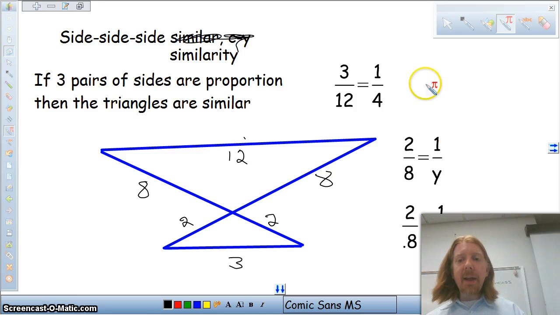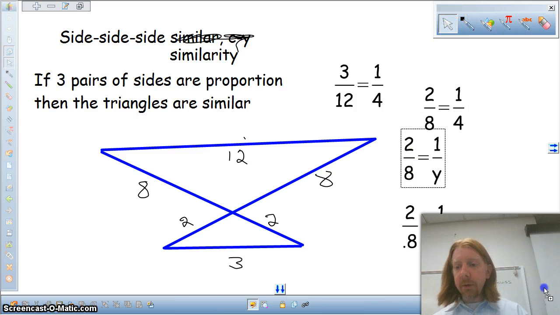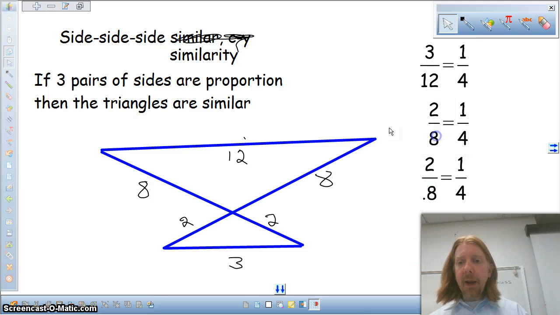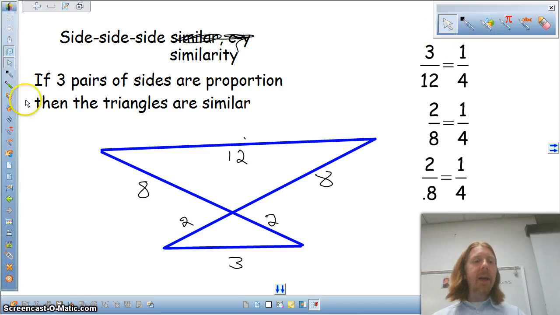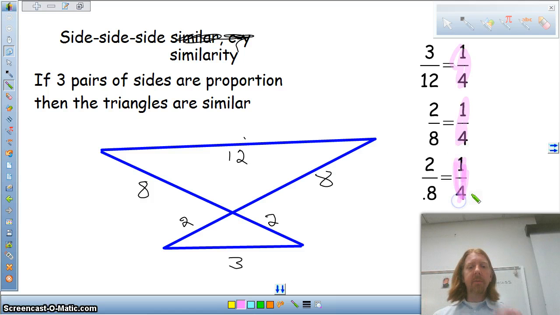Since I keep getting that same fraction of 1/4 for each of these, I can conclude that I have 3 pairs of proportional sides. I know they're proportional because I keep getting the same scale factor.